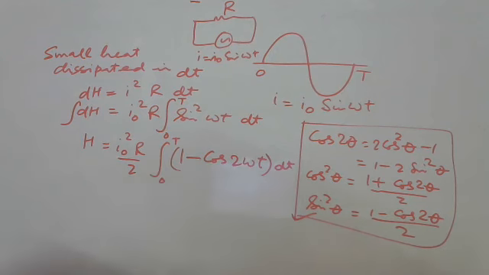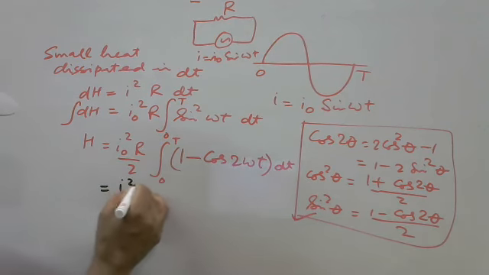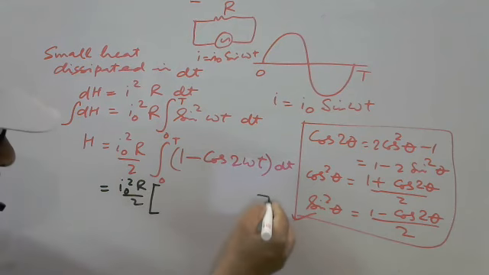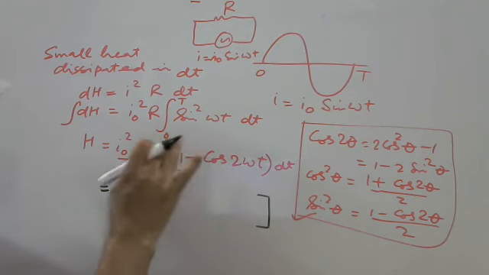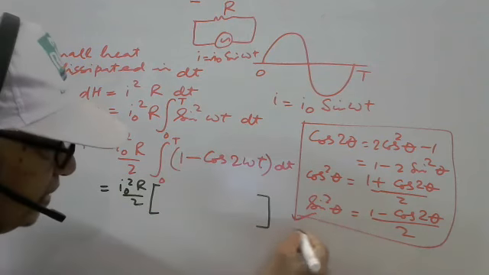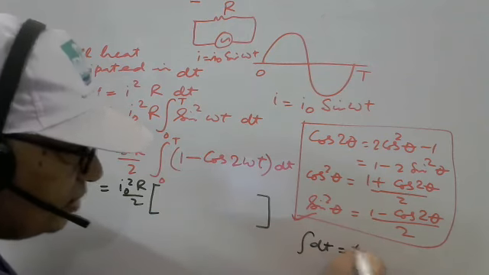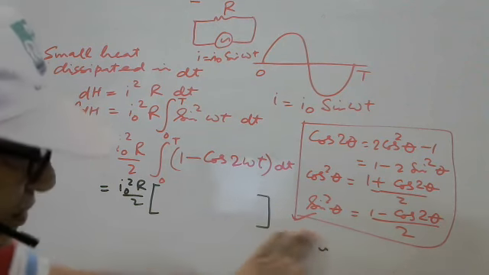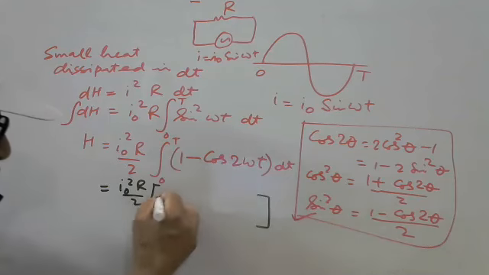Now integrate it. Here I naught square R upon 2. The integration of 1 dt, the value is what? T simply. From the 11th class also we have discussed this, so simply t. There is nothing new.